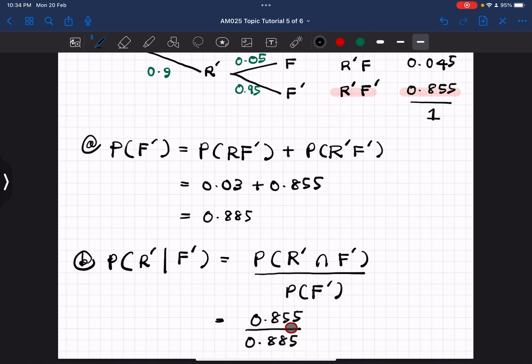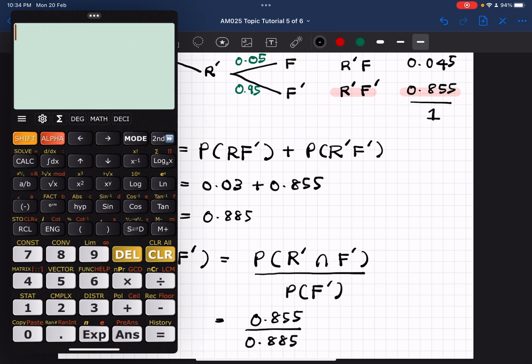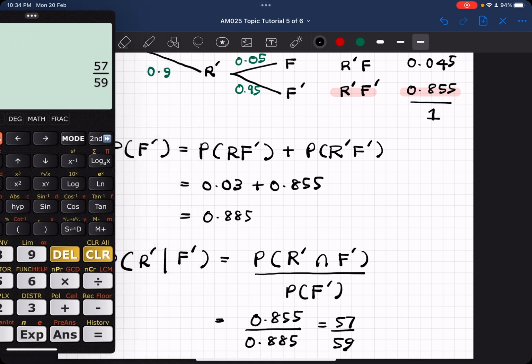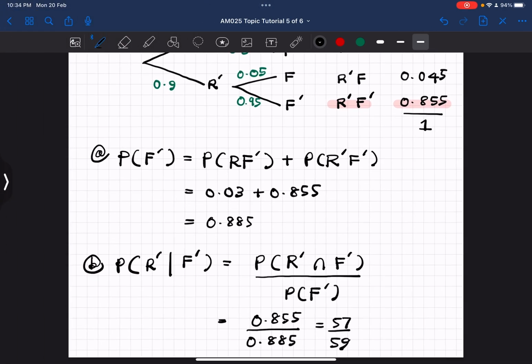These are two different numbers, 0.855 and 0.885, so be careful. Let us divide these two: 0.855 divided by 0.885. Writing in fractions, we get 57 over 59. So that's all.